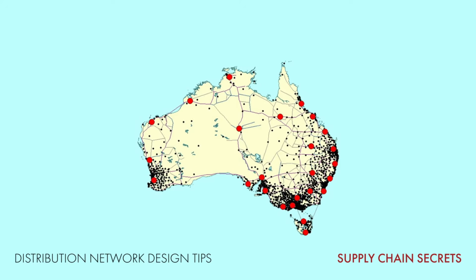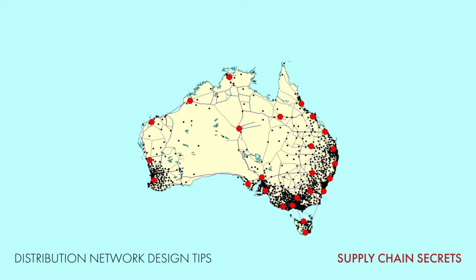And if you don't really understand the geography of Australia, what we're looking at here with those black dots are all the retail outlets that we're servicing. You can see a lot of them are on the east coast and southeast, and quite a few on the southwest. That's where most of the population lives.